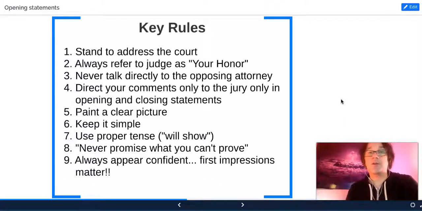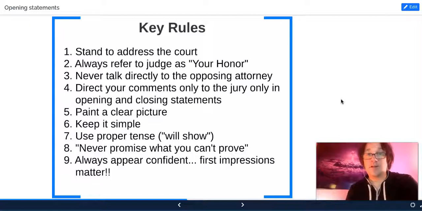That the defendant was nowhere near the location where this crime was committed. Whatever the evidence is going to show. And then you could ask the jury at the end, we hope that you will return a verdict of not guilty. We hope that you will do the right thing and find my client not guilty, right? But be very careful with that word prove, right?